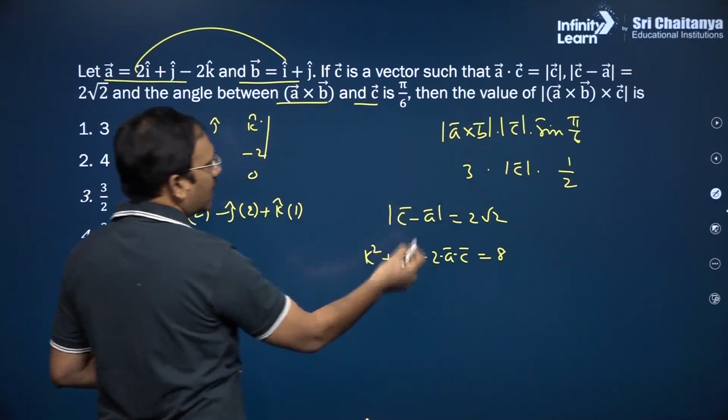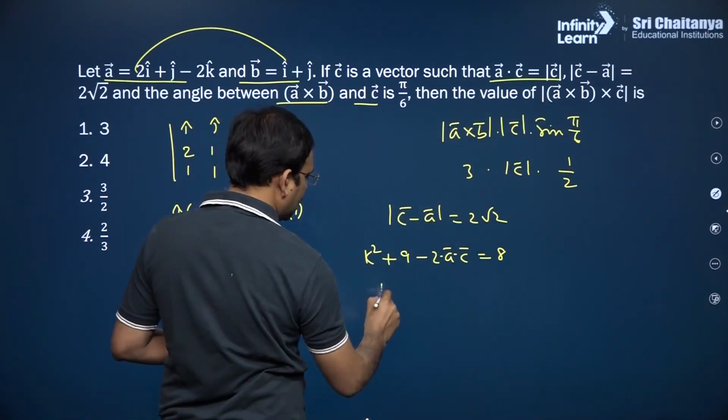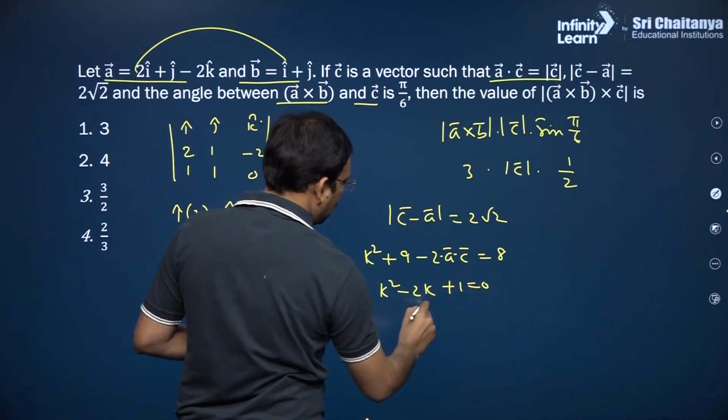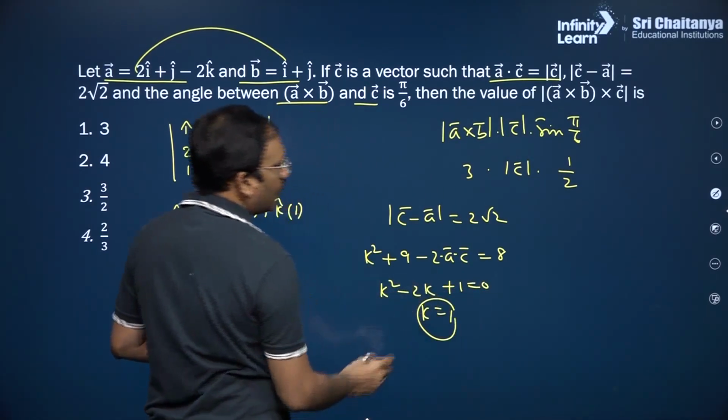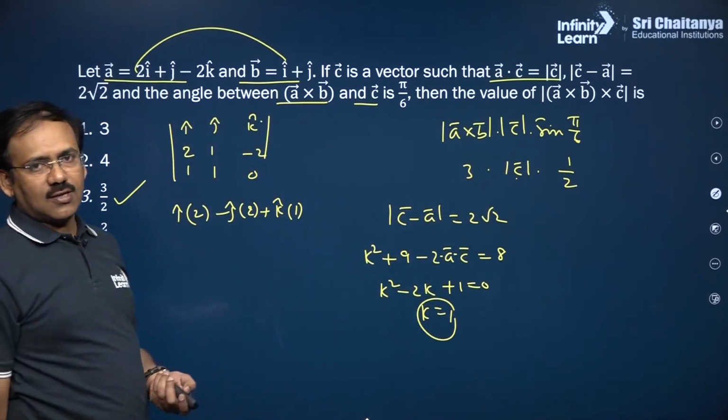A dot c is magnitude of c, he has given, so this is also k, my dear friends, k square minus 2k plus 1 equal to 0, k is equal to 1. Magnitude of c is 1, so the answer is 3 by 2, my dear friends, that is all.